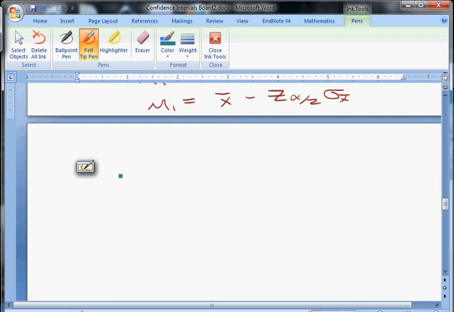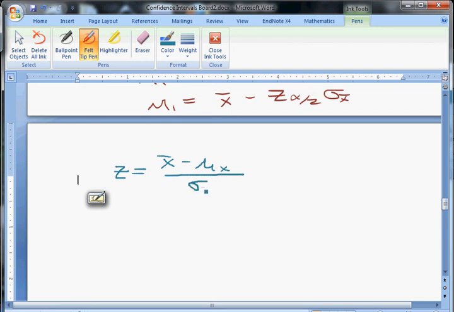Okay, now another way to think about this is that, let's say we have a z. Let's just look at our z-score formula for a minute. We have sigma x over square root of n. Actually, let me erase that. Okay, so this is what the z-score formula looks like.